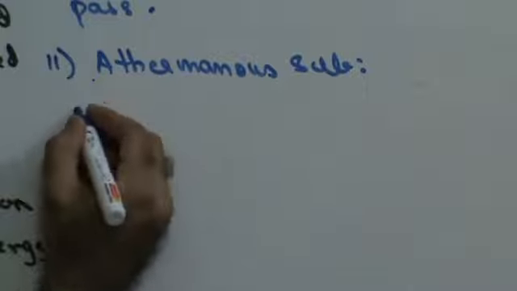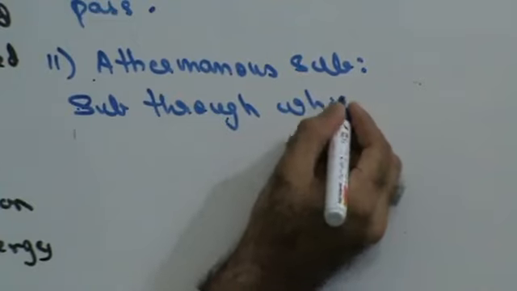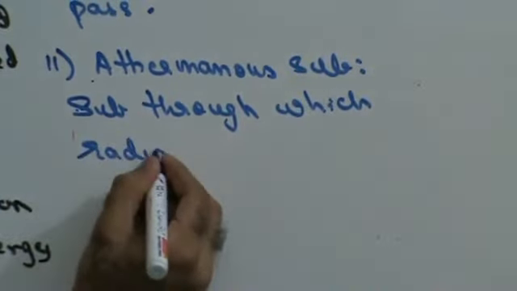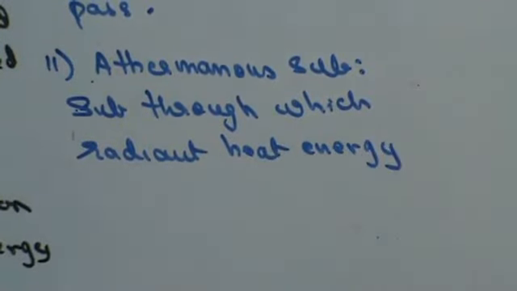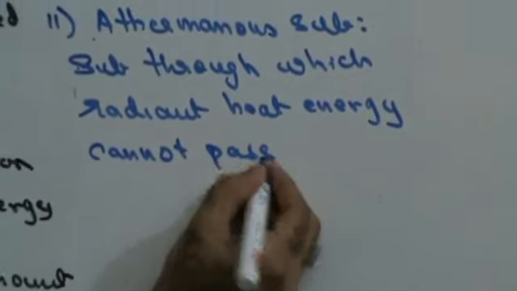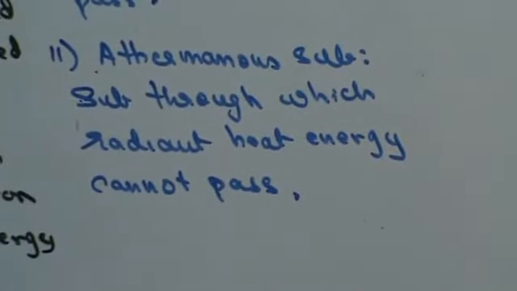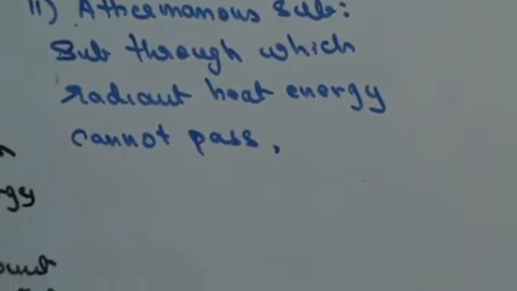So athermanous substances are substances through which radiant heat energy cannot pass.